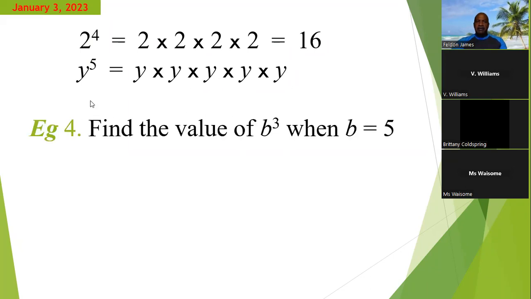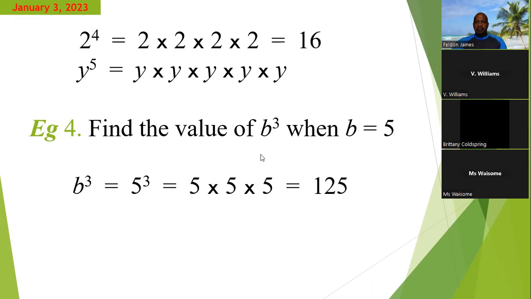and so the power is 5. Now, it is important that when we are substituting for symbols that are raised to some power, it means that once you replace the symbol with an assigned value, if the symbol is the base, that assigned value becomes the base raised to the same power.